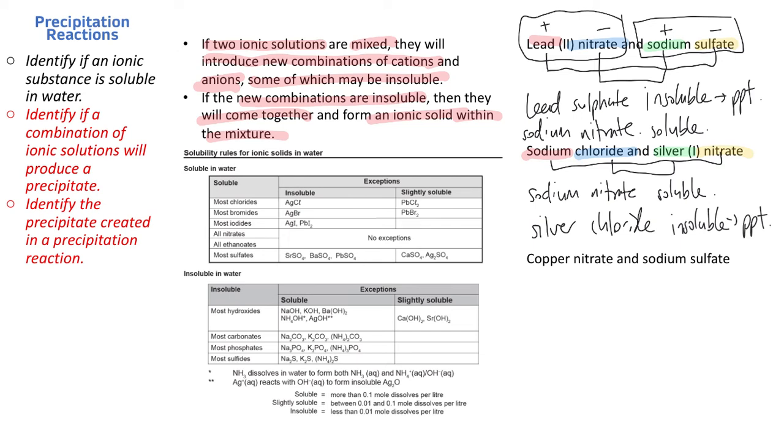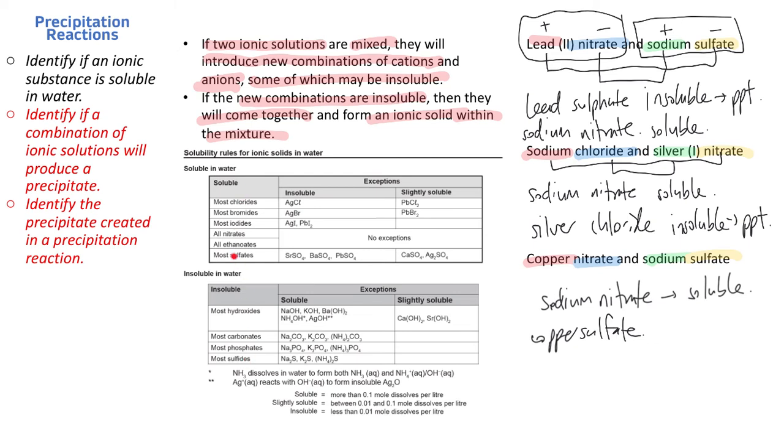All right, then the last one, copper nitrate and sodium sulfate. And so you see here again, you're going to have sodium nitrate, which we've already done, which is going to be soluble. And then we've got copper sulfate. Copper sulfate, we check sulfates.